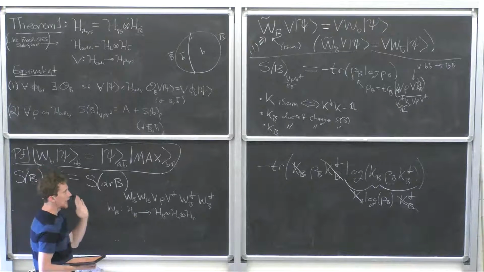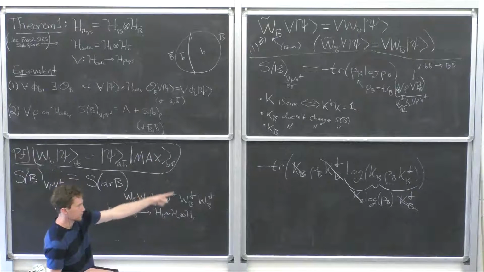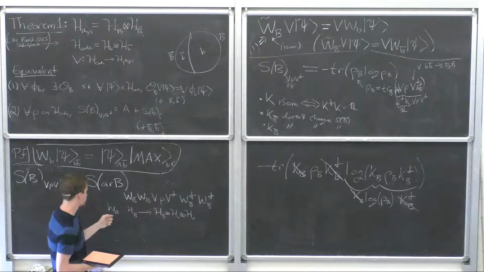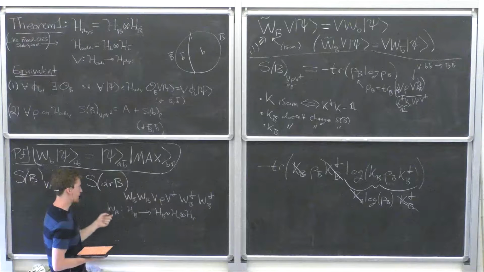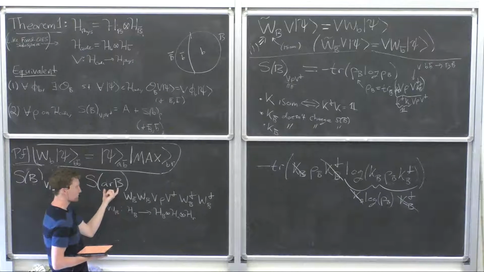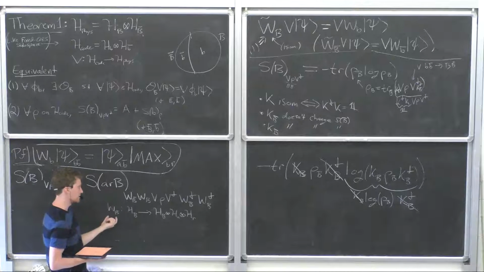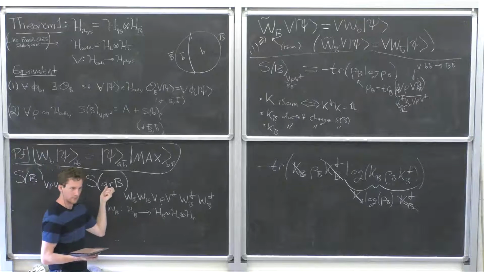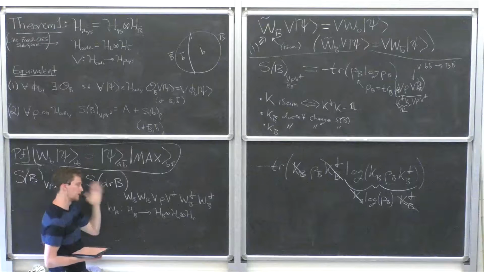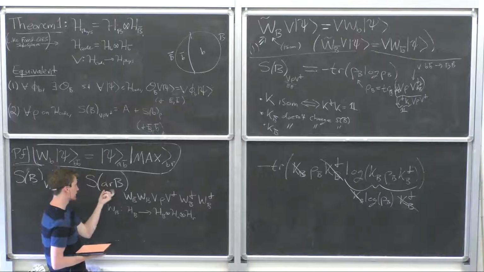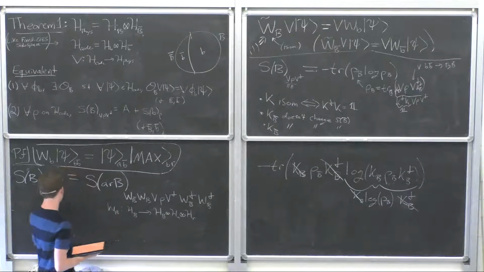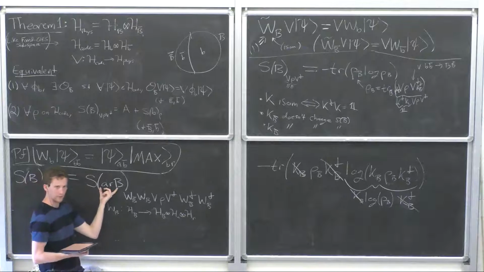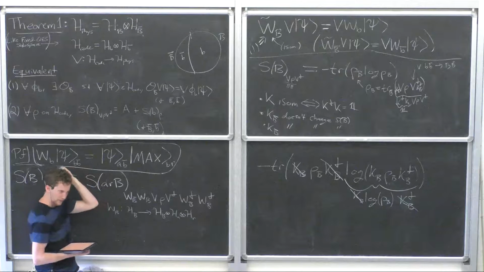I wasn't very explicit about this in this proof, but for the entropy not to change when you act an isometry, the system that you're computing the entropy of needs to be the image of the isometry. If you're acting the isometry on this system, you need to put the image of the isometry here. Okay.